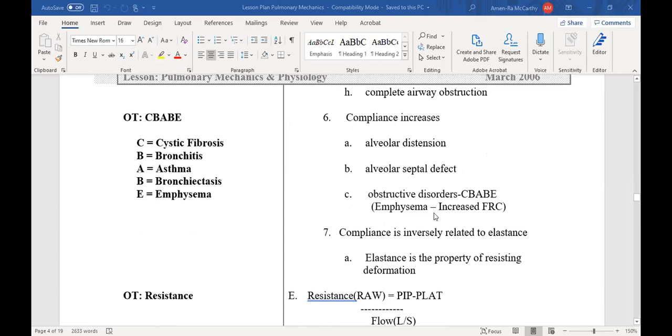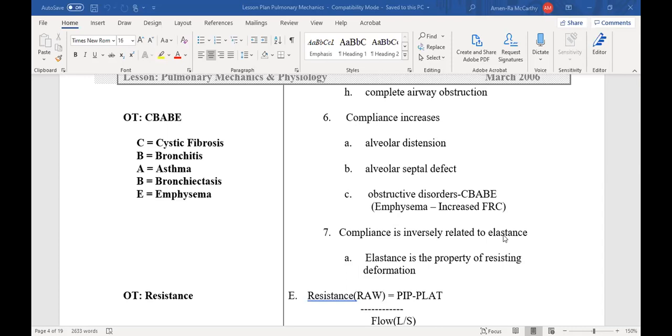Now, number 7, that's what we talked about a little earlier. Make sure you understand this so you don't get confused. Compliance is inversely related to elastance, and elastance has an A in it. Well, I already erased it. So if I misspelled it a little earlier, don't worry about it. Compliance is inversely related to elastance.